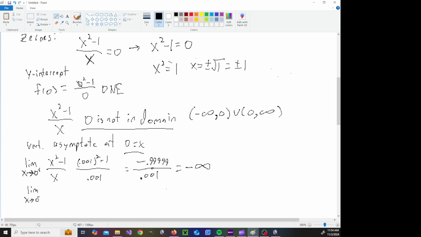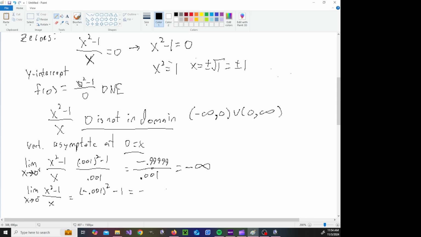Now I want to look at my left-hand limit. So the left-hand limit of x squared minus 1 over x, well, this is going to be something really, really small, but negative, so negative 0.001 squared minus 1.